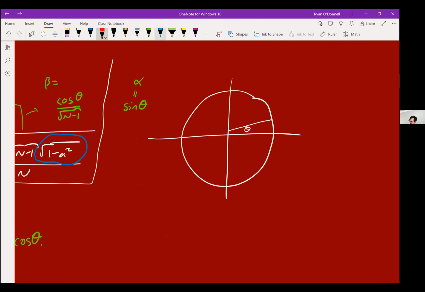For example, I guess this is saying that in general, at some time, the amplitude on the special string, we were calling it alpha before, maybe we should call it sine theta. If this is theta, sine is, which one? I guess it's this blue height.